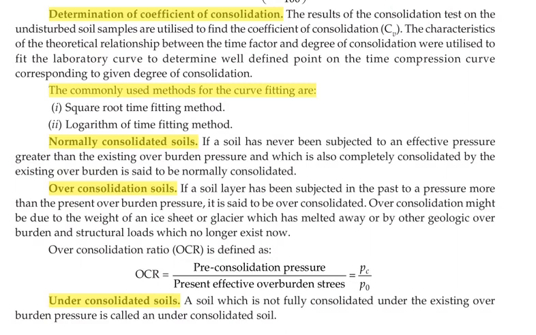Next we will see over consolidated soils. It is nothing but if a soil layer has been subjected in the past to a pressure more than the present overburden pressure, it is said to be over consolidated. Over consolidation might be due to the weight of an ice sheet or glacier which has melted away, or by the geological overburden and the structural loads which no longer exist now.